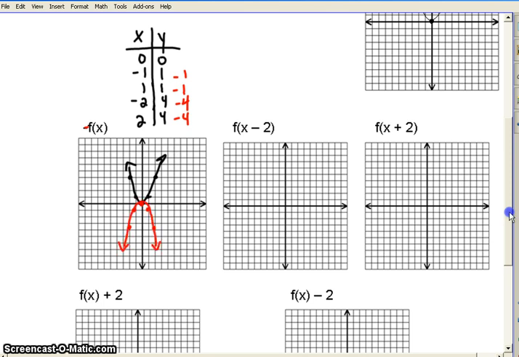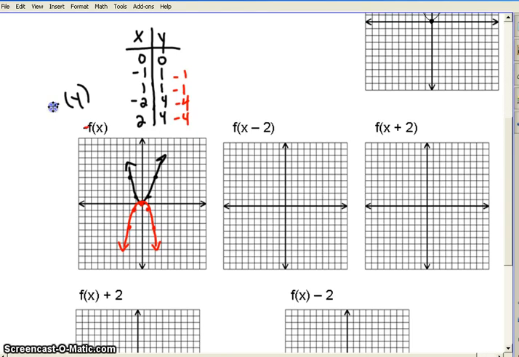So that's how it would look if you just put a negative in front of the entire graph. Okay, so all y, since f of x stands for y, that means negative y. So all your y's became negative.